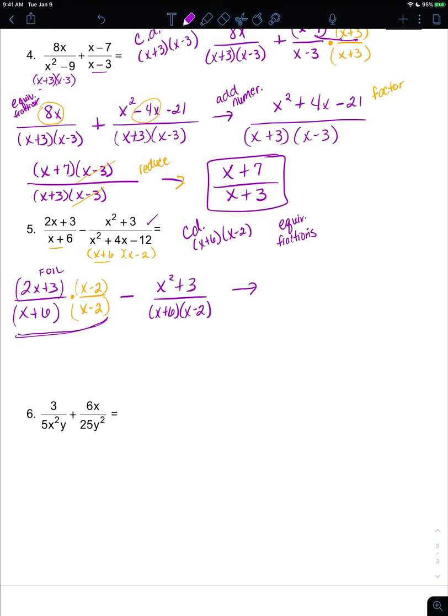That is going to give us 2x times the x is 2x squared. 2x times the negative 2 is negative 4x. 3 times the x is 3x, and 3 times negative 2 is negative 6, all over our common denominator.